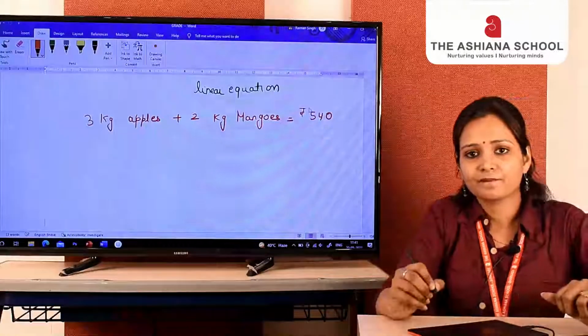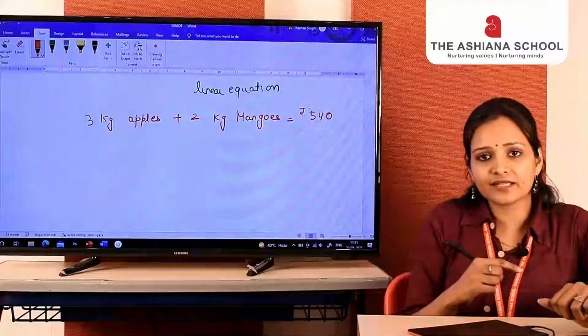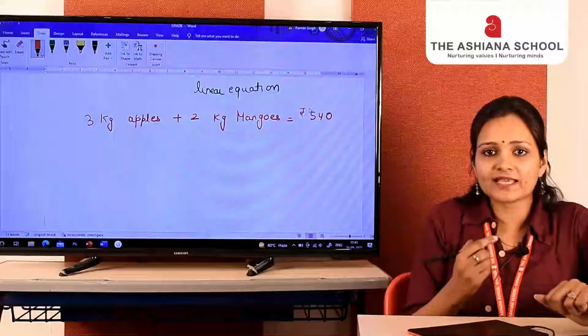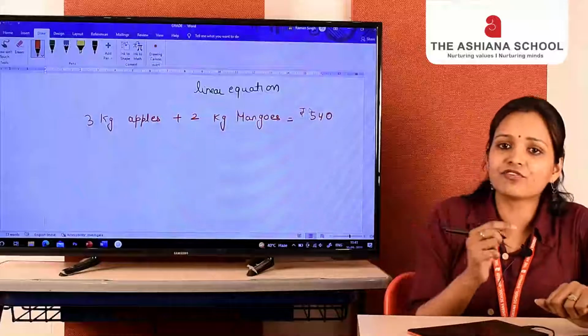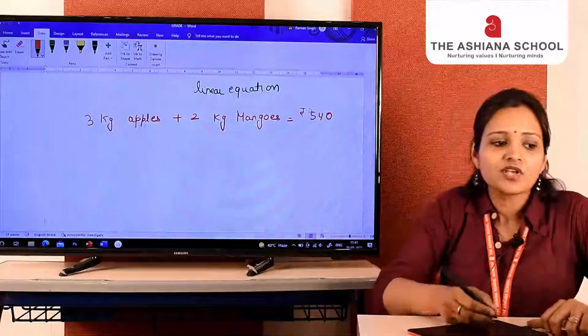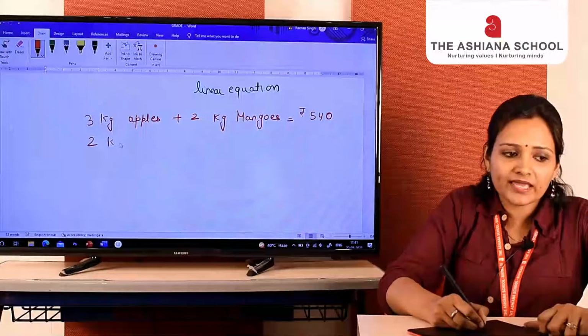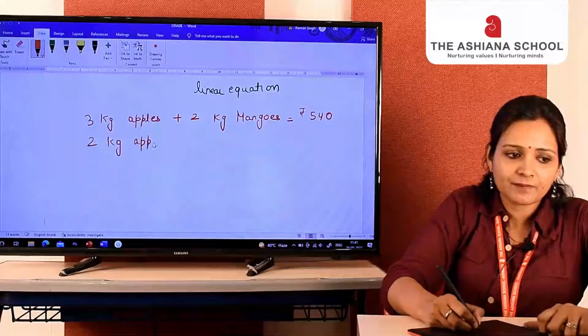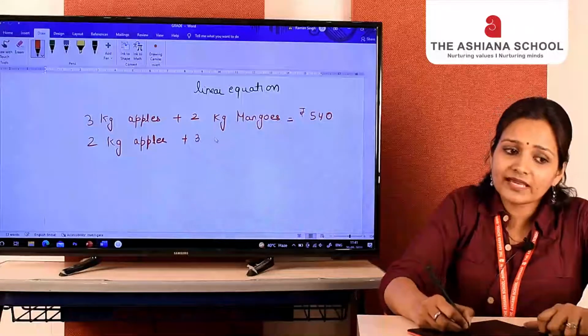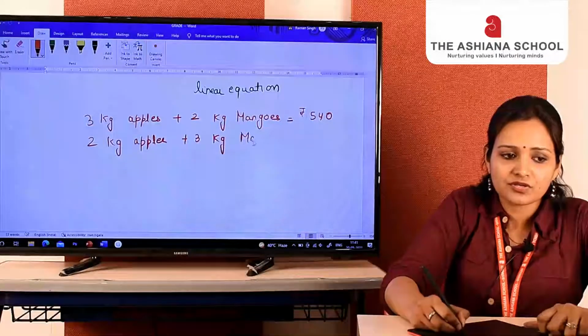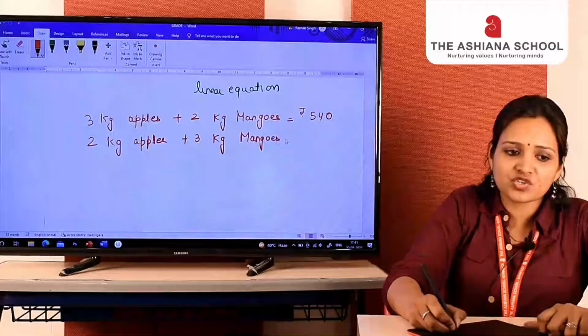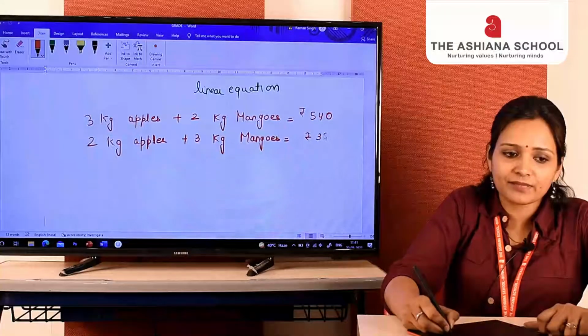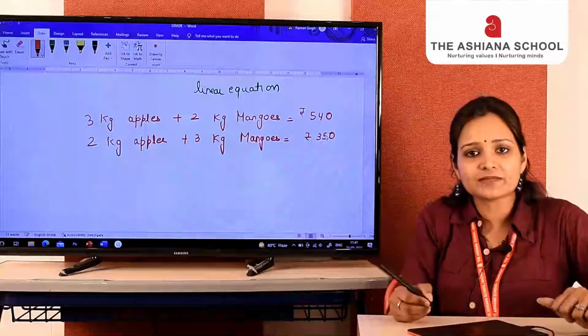540. Now while father is returning from office, he thinks, let me buy the fruits again from the same departmental store. So he buys 2 kgs of apples and 3 kg of mangoes from the same store for, for example, 350 rupees.